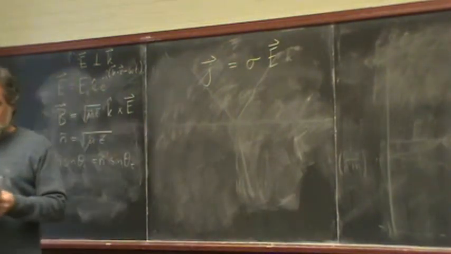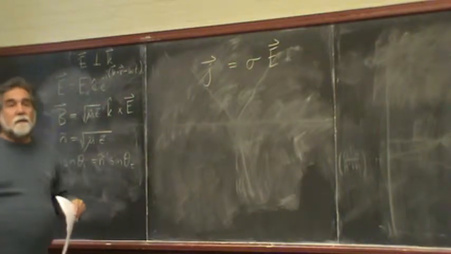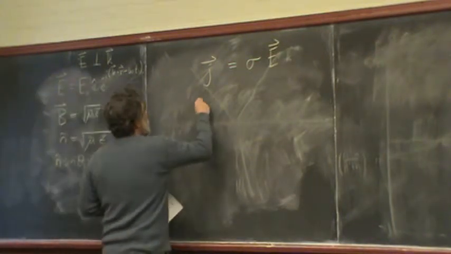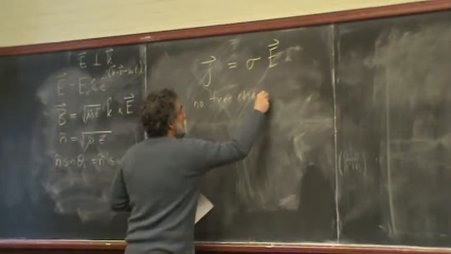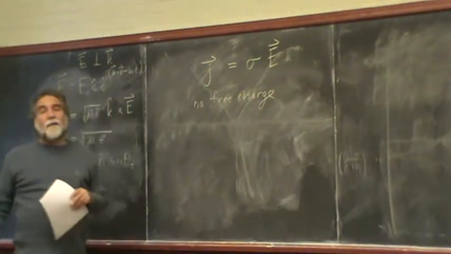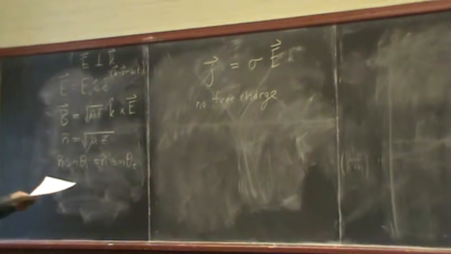That we did quite some time ago. So Maxwell's equations become, in the absence of free charge, so the two divergence equations are still zero. I'm going to write down the two curl equations then.